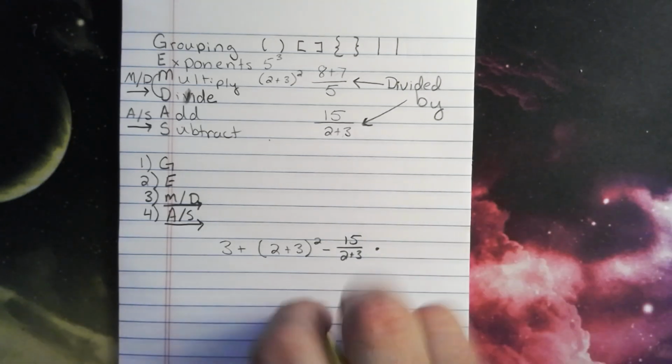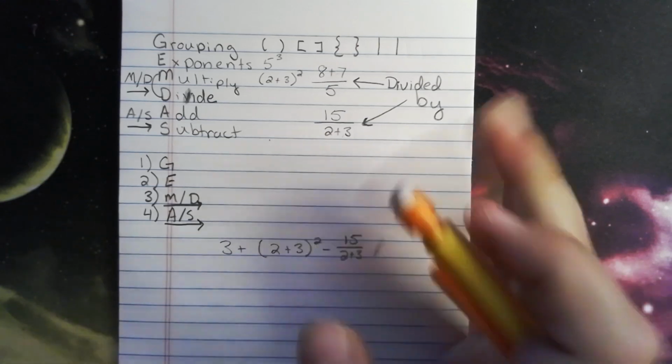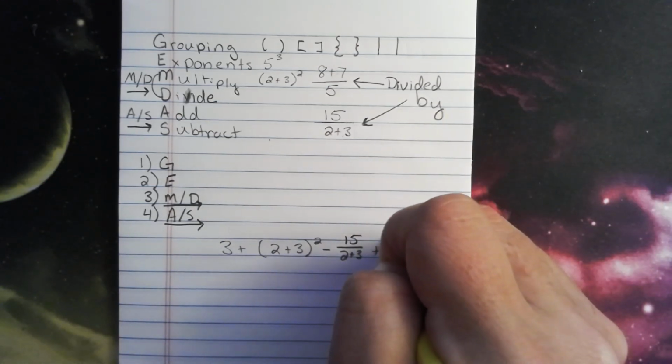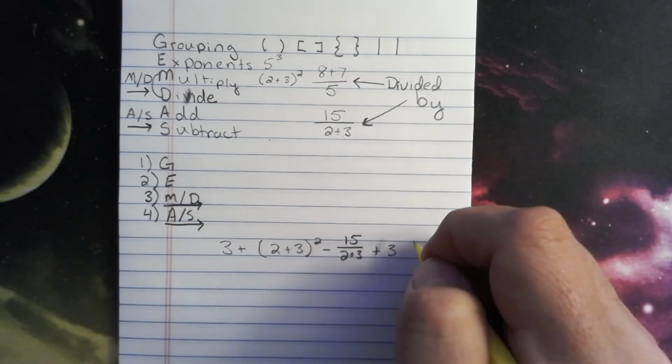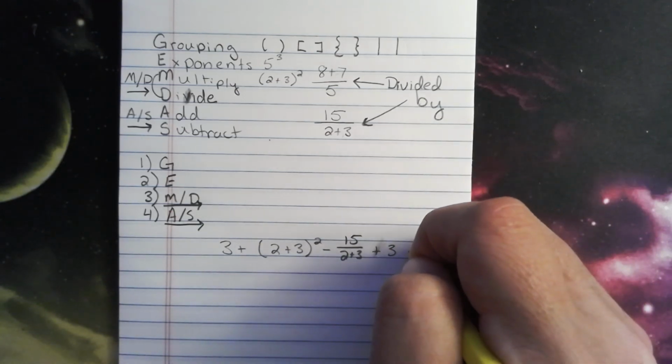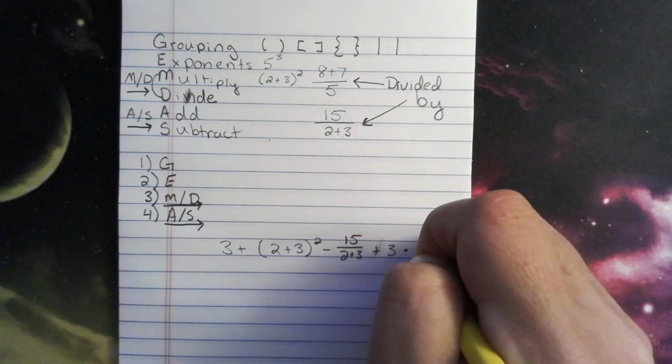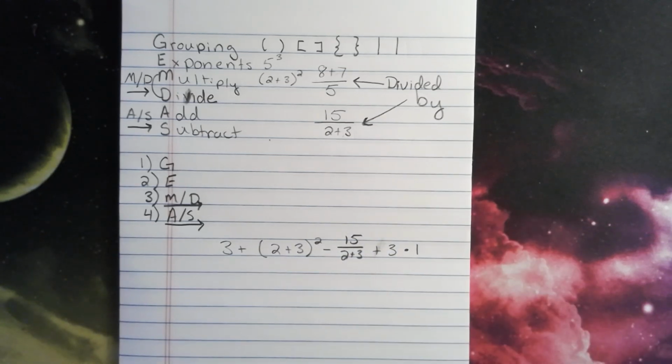Let's not do times yet. I've just realized that may throw us into a negative that we don't want. Let's do plus 3, and then times 1. I know that seems kind of silly, but at least we can get the process down, okay?